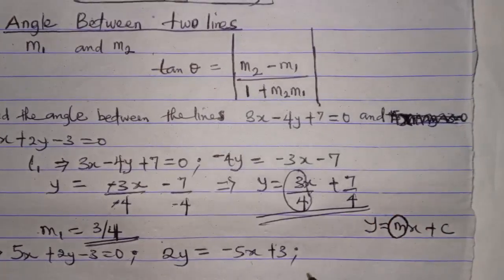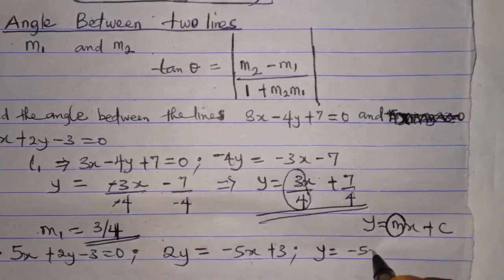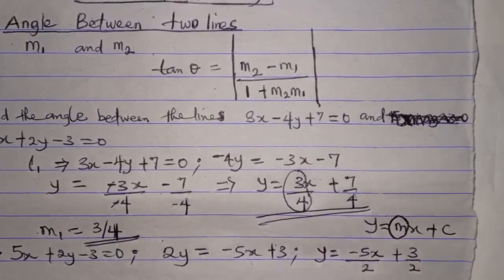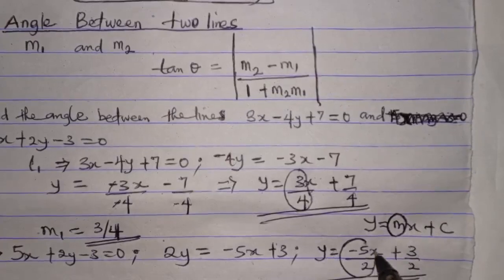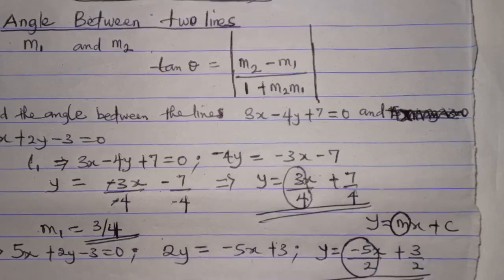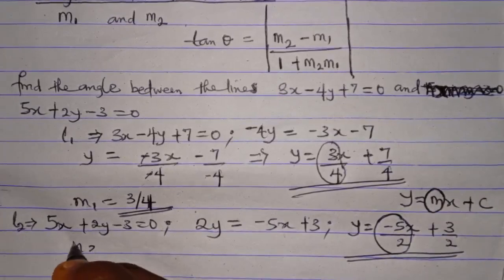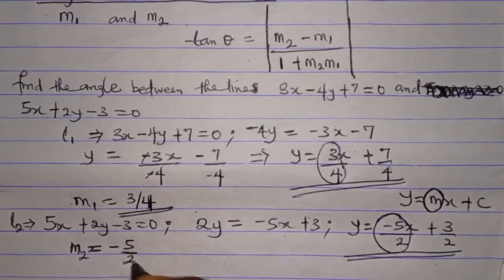Dividing both sides by 2, y equals minus 5x all over 2 plus 3 over 2. This is the gradient-intercept form of the equation of the second line. The gradient here is minus 5 over 2, and that's m2. So m2 is equal to minus 5 over 2.